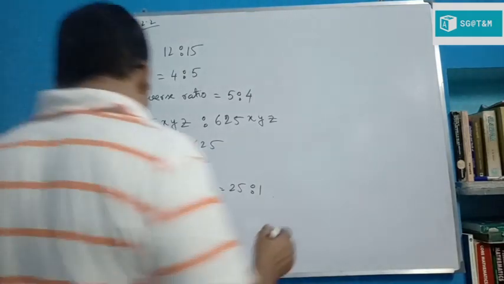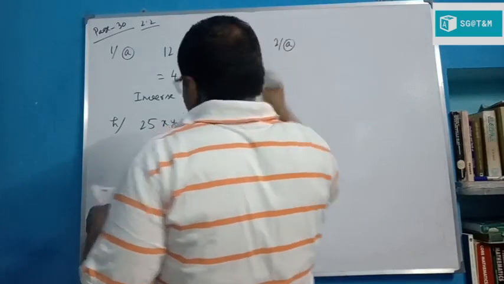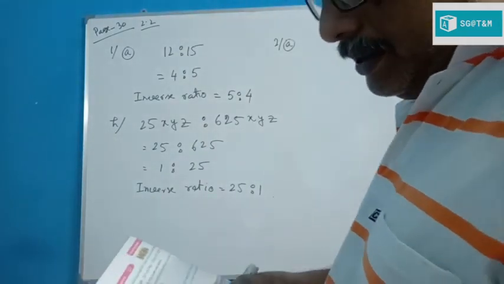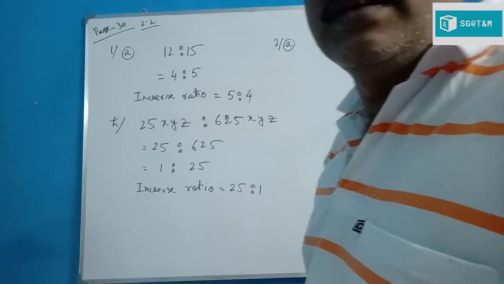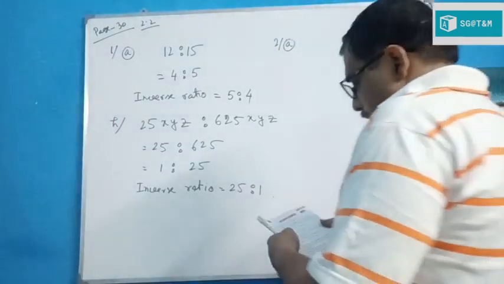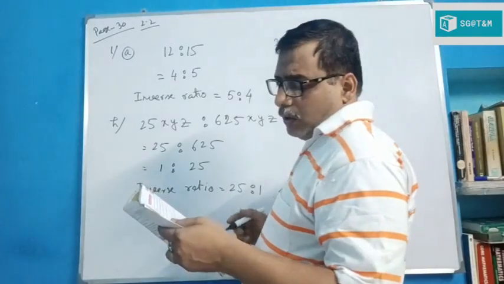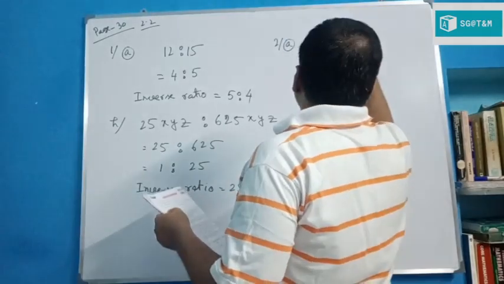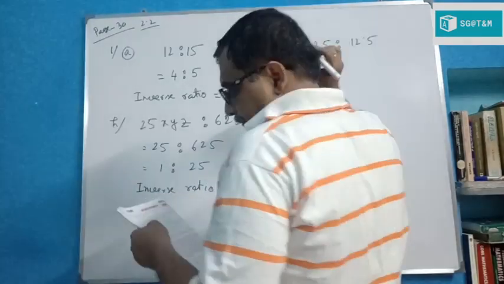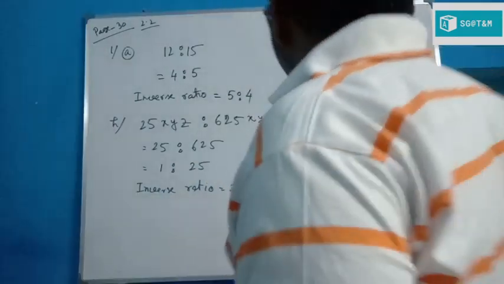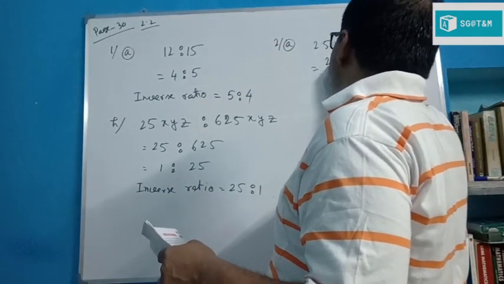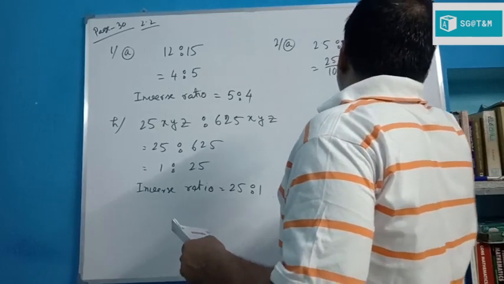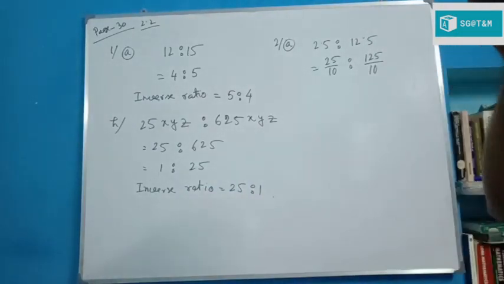Next, number 2. 2a, reduce the following ratio into whole numbers and find their inverse ratio. Reduce it into whole numbers first. 2.5 is to 12.5. 2.5 means 25 by 10, and 12.5 means 125 by 10.